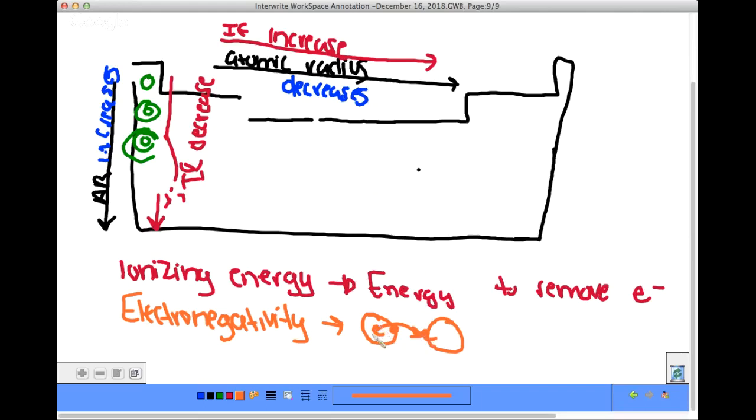But the closer that this nucleus is to this electron, the stronger it's going to attract it. So electronegativity has the same trend as ionization energy. It's going to increase as we go from left to right because that nucleus is going to be closer to that outer electron. And as we go down, electronegativity is going to decrease because that electron is going to be further out, and the further out it is, the weaker the attraction is going to be. So definitely know those trends.